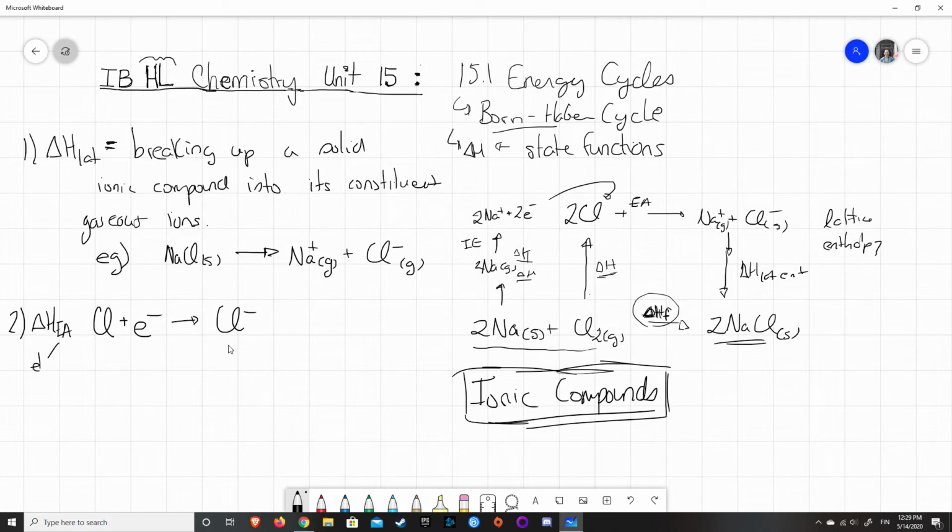And this delta H value, let's say delta H magnitude, depends on the element that we're looking at.